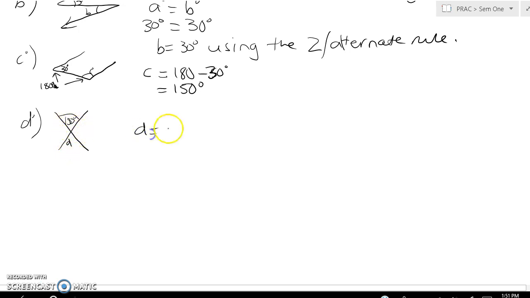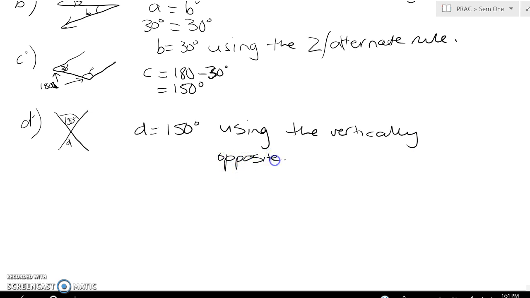So D equals 150 degrees using the vertically opposite rule. And up here, just making sure that in C we highlight our rule, which was the co-interior rule. All right, thank you very much.